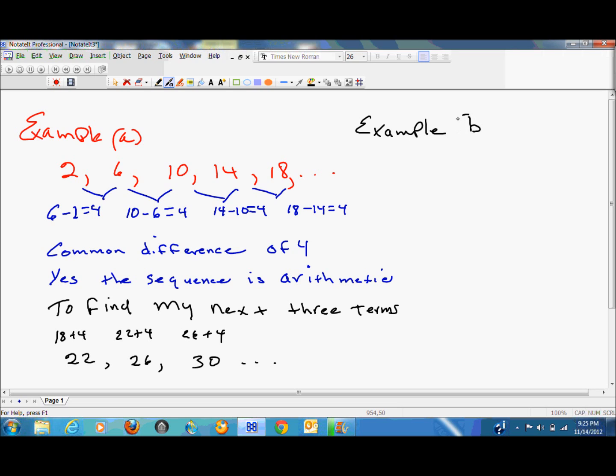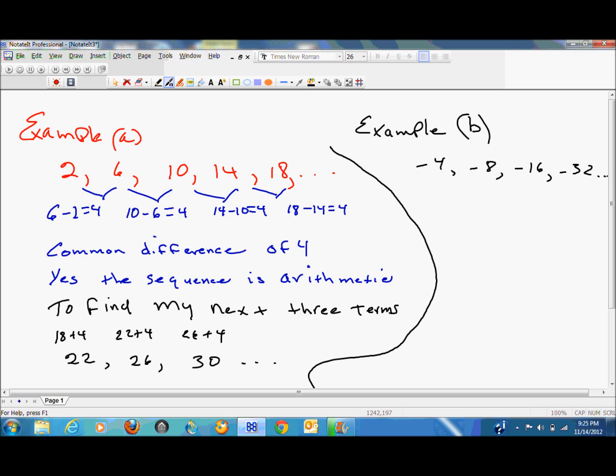Now, I'm going to put a little bar here so we don't get in the way. So we have example B, and let's look at negative 4, negative 8, negative 16, and negative 32. So now we are back to the chore of determining if it's arithmetic.